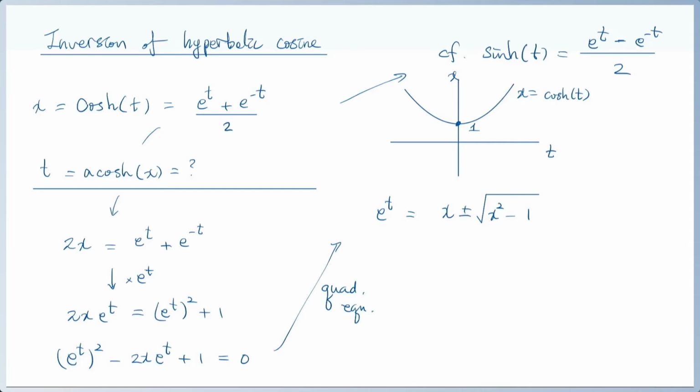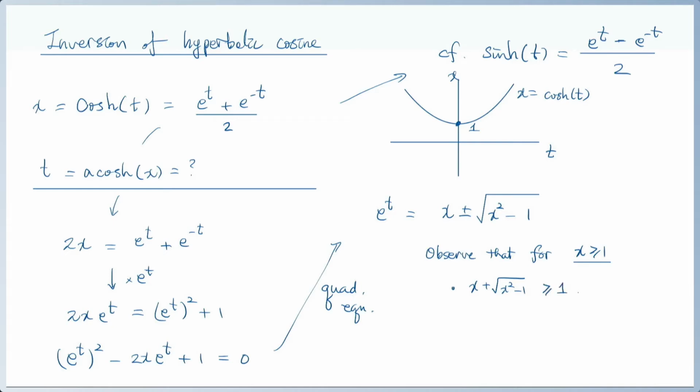What you need to observe is that for x greater than or equal to 1, because that's what the graph tells us, x plus root x squared minus 1 is going to be greater than or equal to 1.